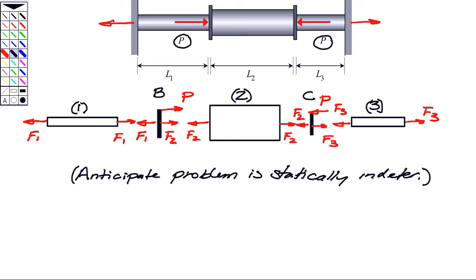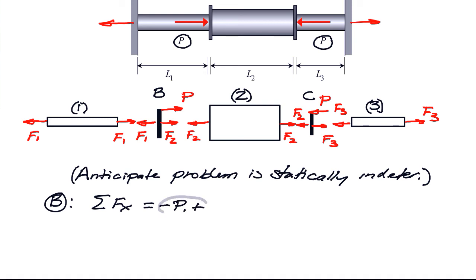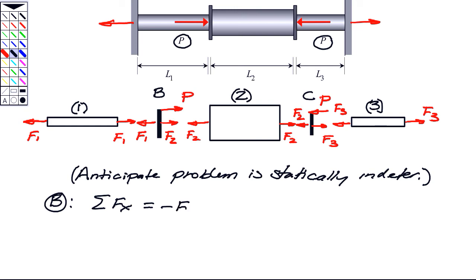If I look at connector B and sum forces in x, I get minus F1, I'm sorry, I said P1, that should be F1, minus F1 plus F2 plus P, and for equilibrium that is 0. That's my first equation. These first equations are simply coming from equilibrium.